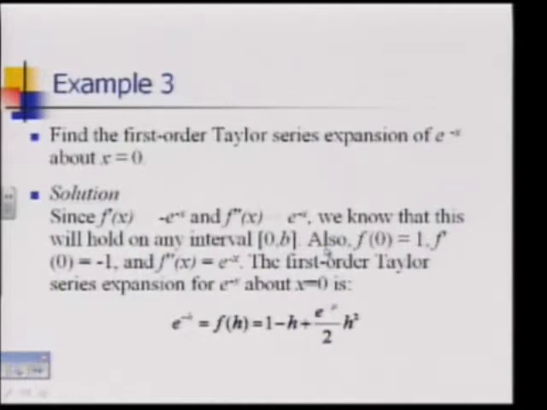Of course, this is an approximation. This should be approximately equal to that. And then plus, if you want, the third term should be minus h to the power of 3 divided by 3 factorial.